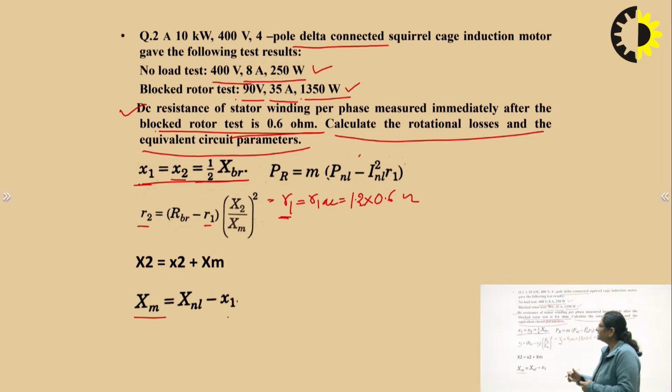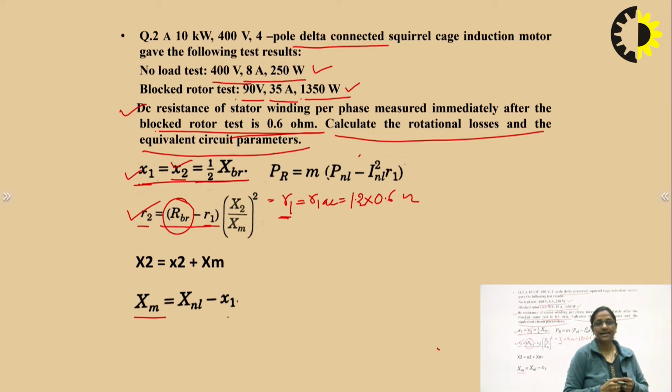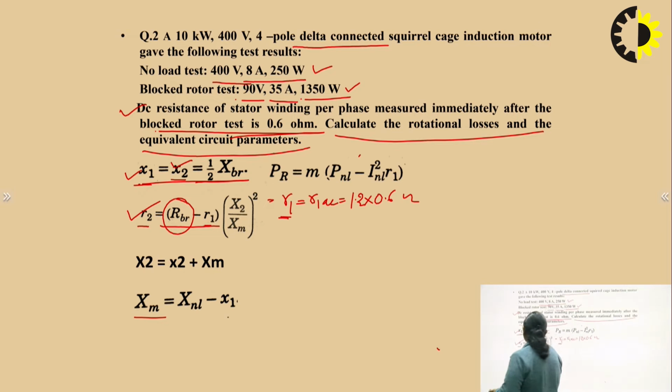Then comes the resistance R2. So we have got X1, X2 from this equation. For determination of resistance R2, it can be written as RBR minus R1, where RBR is the resistance calculated from the blocked rotor test data.